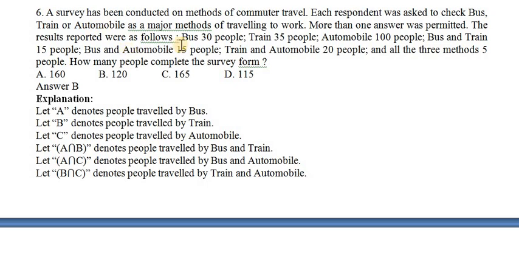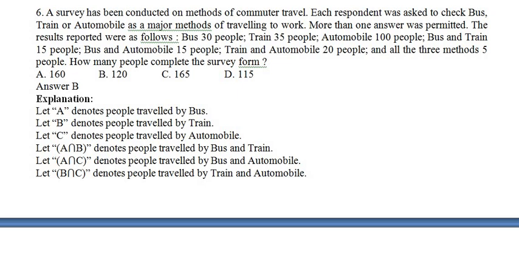The results reported were as follows: bus 30 people preferring, train 35 people, automobile 100 people, bus and train preferred by 15, both bus and automobile 15 people, train and automobile 20 people. All three travel modes preferred by 5 people. Then how many people completed the survey form?